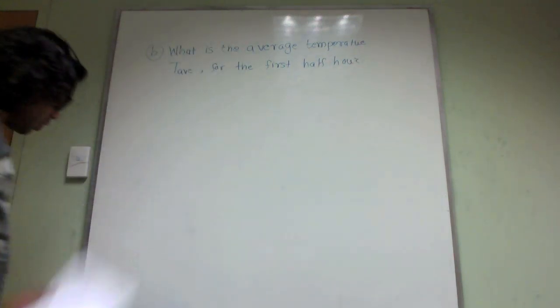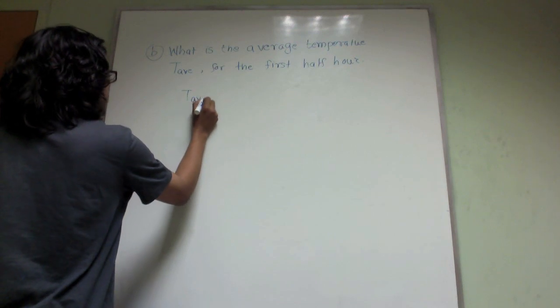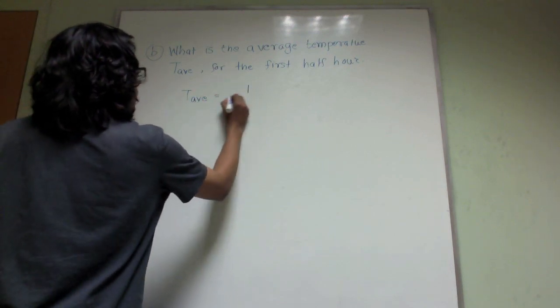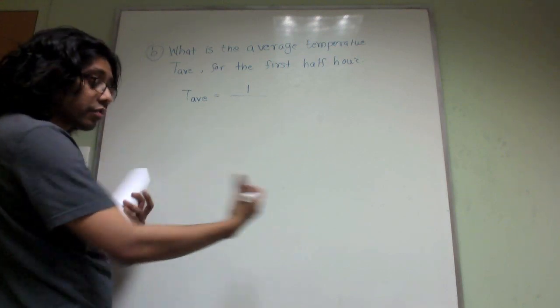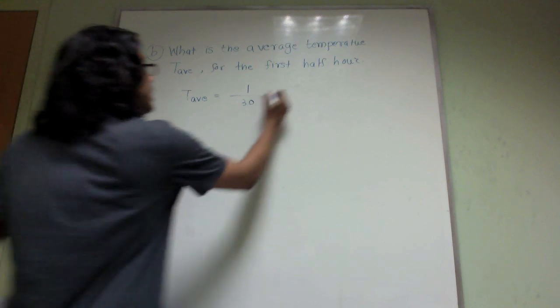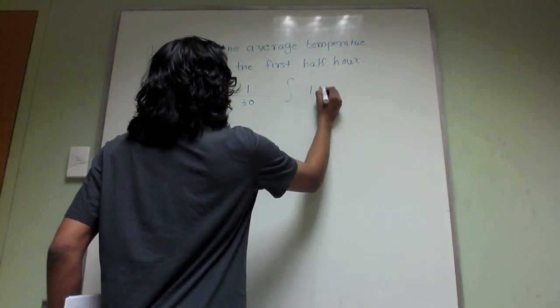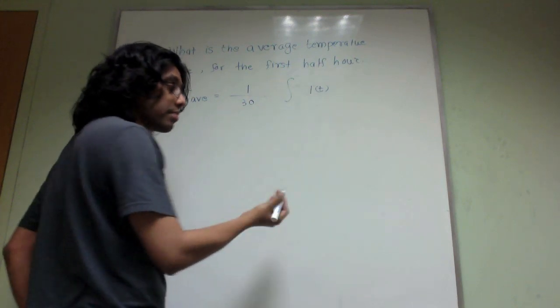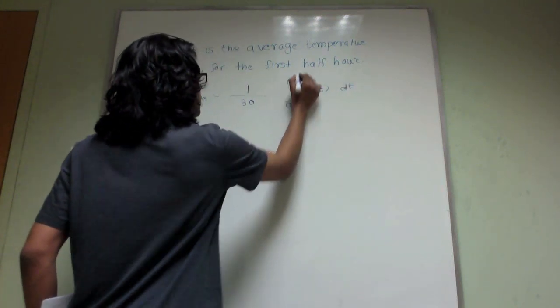And we know that the average value of any function is equal to 1 divided by the length of the interval. In this case the interval is an interval of time, so it is 30 minutes, so 1 over 30 times the integral of the function, which is the temperature of the coffee with respect to t, and t is going from 0 to 30.